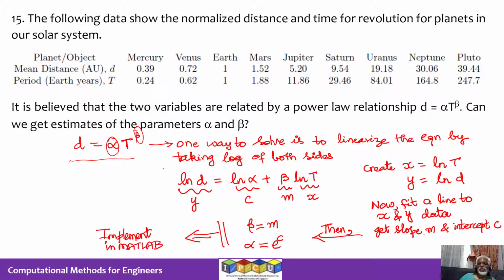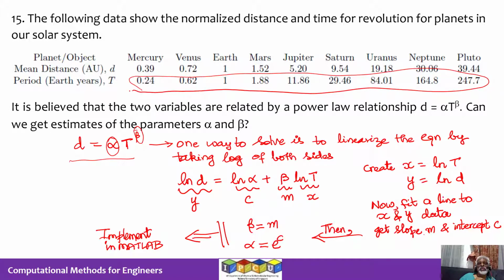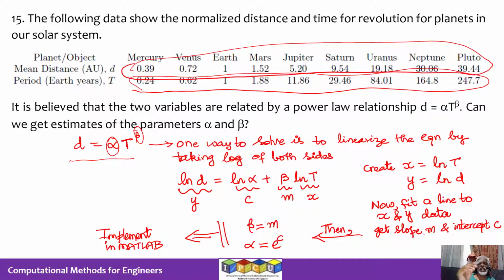So I'm going to create new variables. Instead of calling them d and t now, I'm going to call ln t as x. So whatever t data we have, I'm going to take the natural logarithm of these numbers and call them x. I'm going to take the natural logarithm of the numbers in d and call that new variable, the natural logarithm of d, as y.